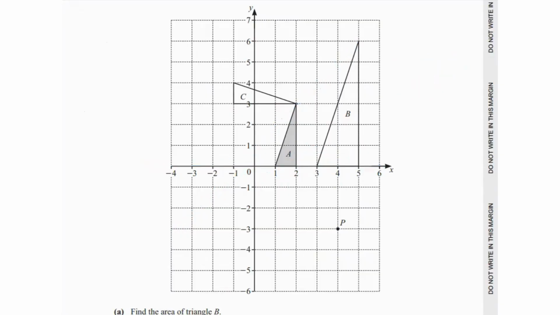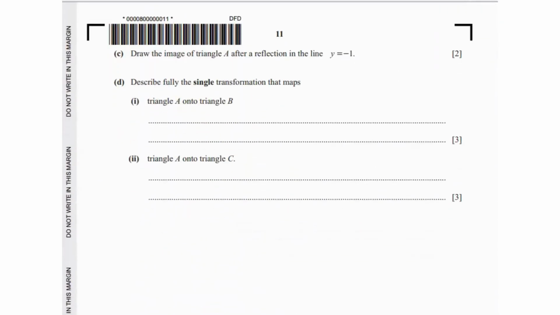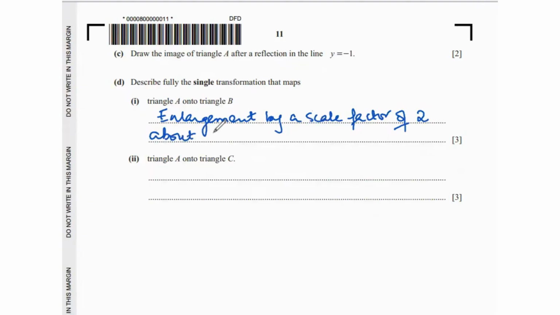So we'll go to the answer place now and write that it's an enlargement by a scale factor of 2 about the center negative 1, 0.